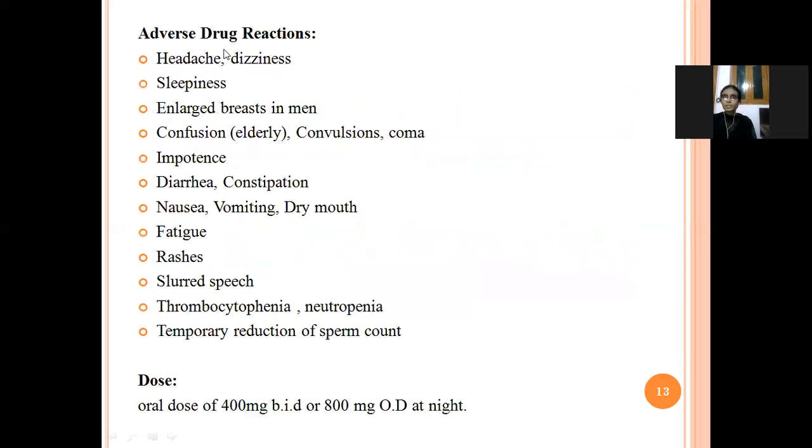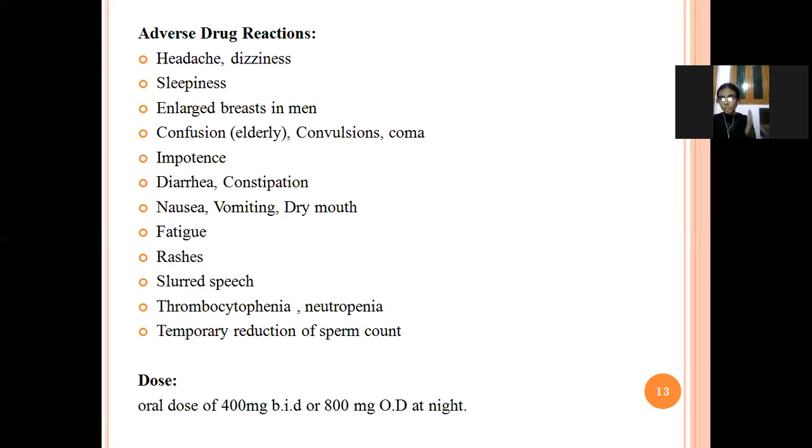Next, the adverse drug reactions are headache, dizziness, sleepiness, enlarged breasts in men, confusion in elderly patients, convulsions, coma, impotence, constipation, vomiting, dry mouth, nausea, rashes, slurred speech, meaning the patient can't speak properly, thrombocytopenia, neutropenia, and temporary reduction of the sperm count.